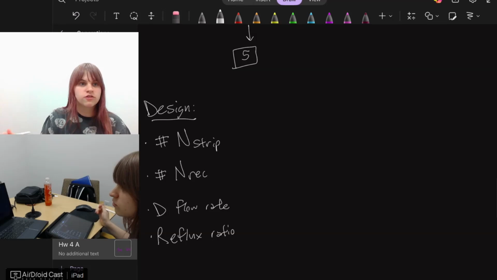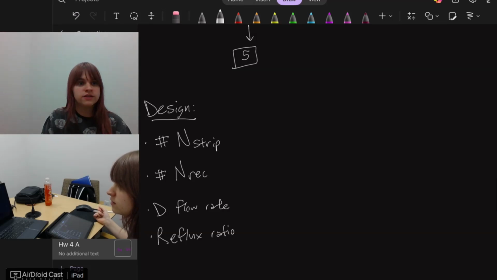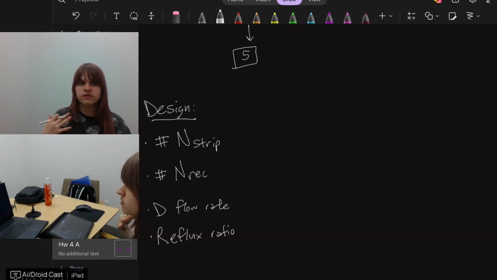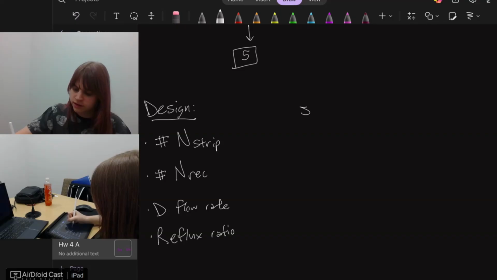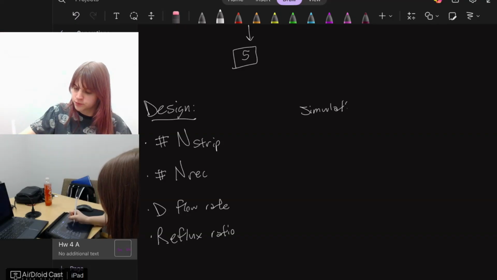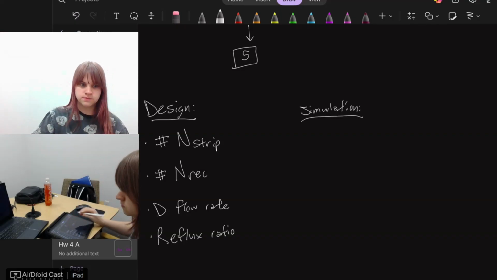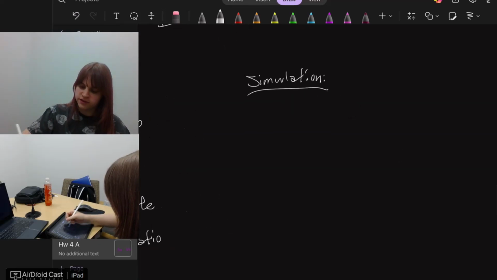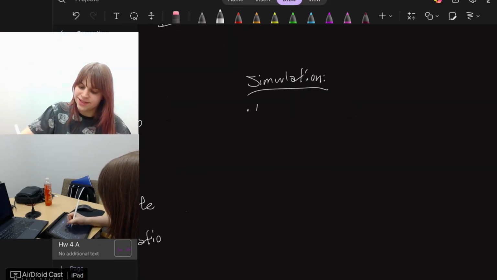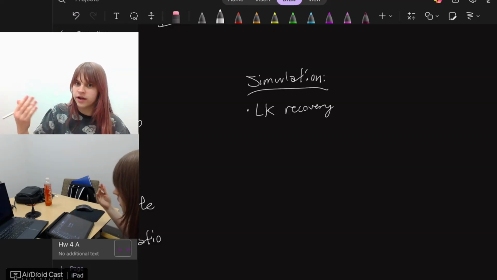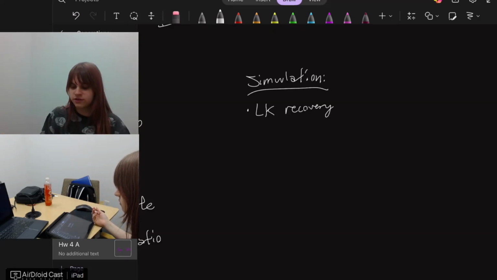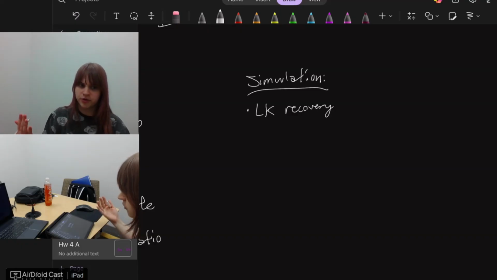And then, so we wanted to talk about the design, so that's the component separations specified, but we also want to see what we could do for the simulation. For the simulation, we could do the light key recovery, or if you have a two-component system, the recovery of your more volatile component.